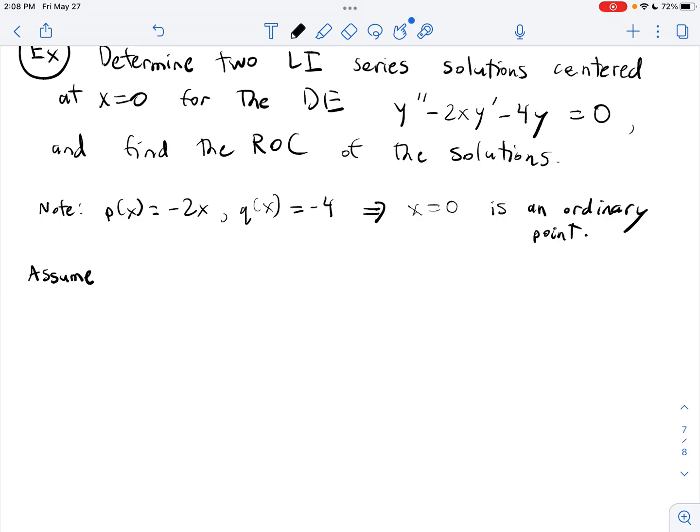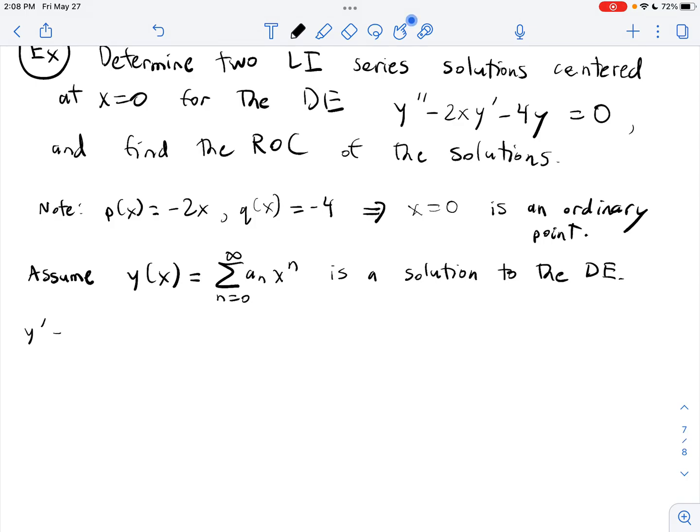So let's assume we have our series, and let's suppose that it is a solution to the differential equation. We need to take derivatives in order to plug it into the equation. So let's go ahead and find y prime.